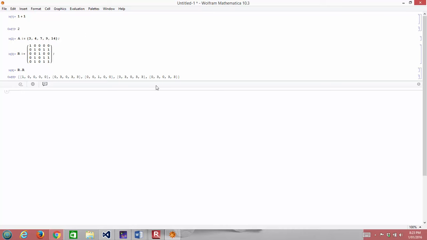But let's say we don't like that. Let's say we really wish that Mathematica would show us the matrix as a matrix in the pretty way that it showed us the last matrix. Then there's a trick for that. We go back up here, and where we take R and multiply it by R, what we need to do is tell Mathematica that we want it to put it in this pretty matrix form. So we type two forward slashes, and then we say, Mathematica, we'd like to see this in matrix form.